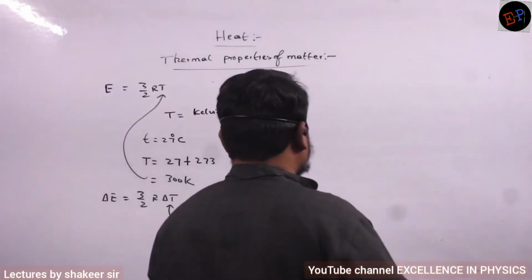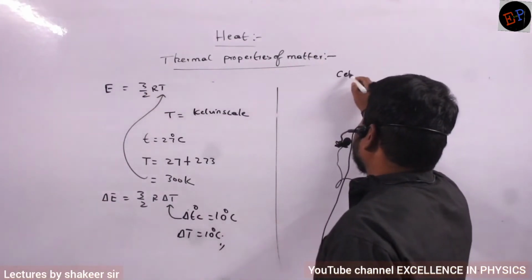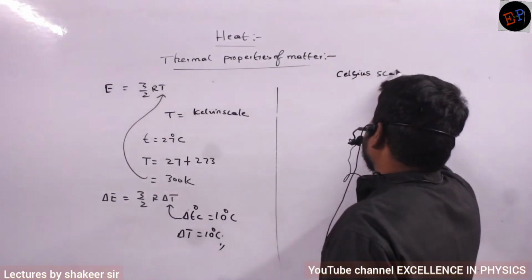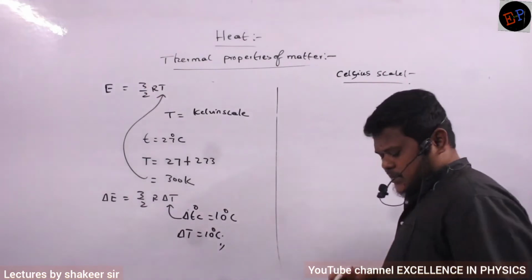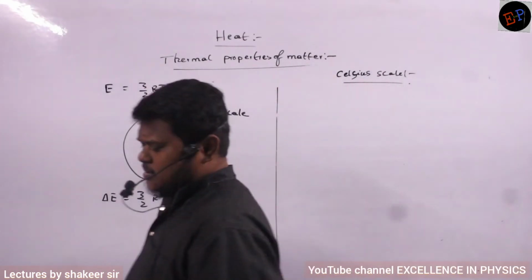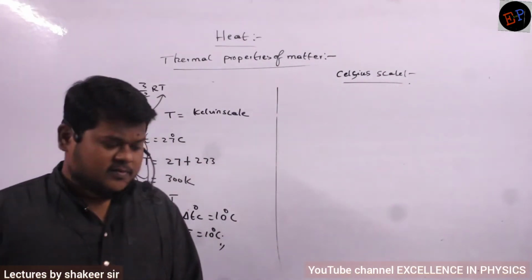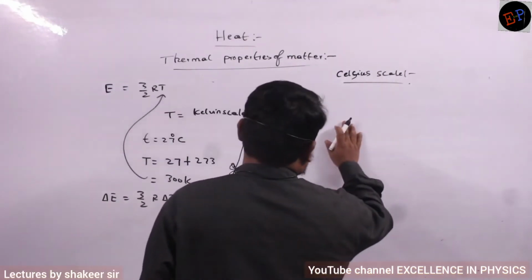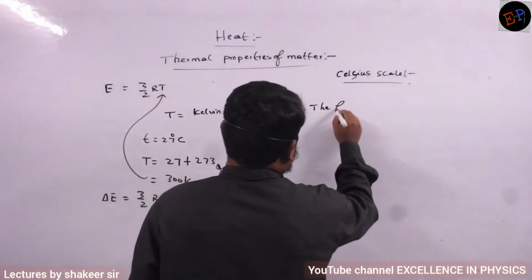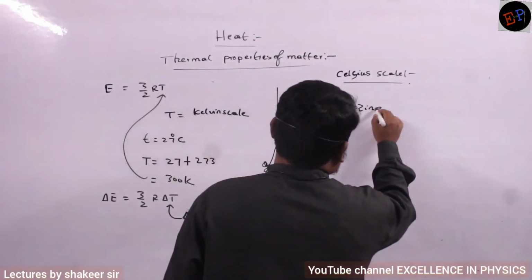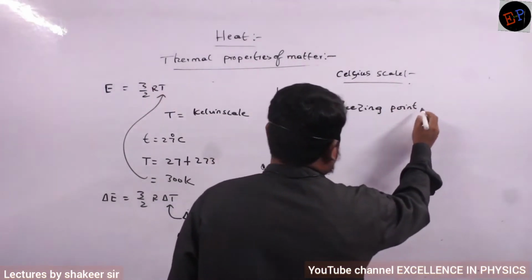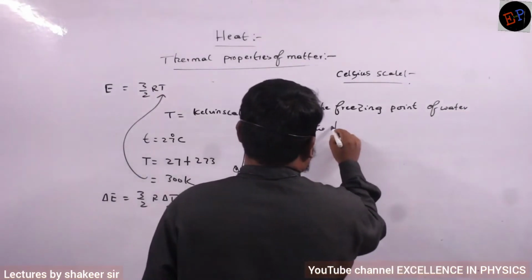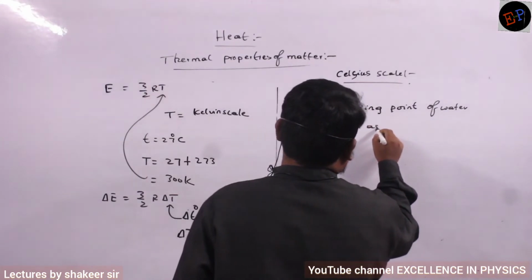Next we study about Celsius scale. Okay. So in Celsius scale there are certain limits. Limits means what? What is the lower fixed point and higher fixed point? We have certain limits to this. So in this scale, the freezing point of water is taken as 0 degrees Celsius.